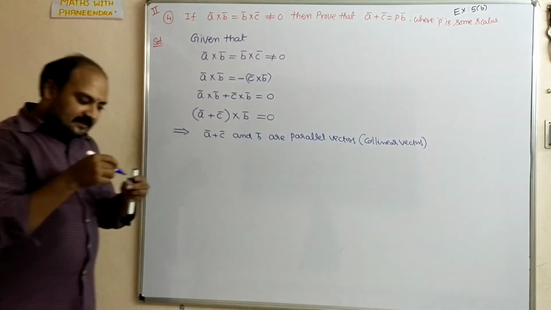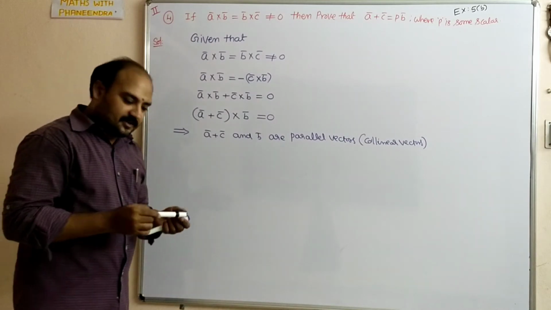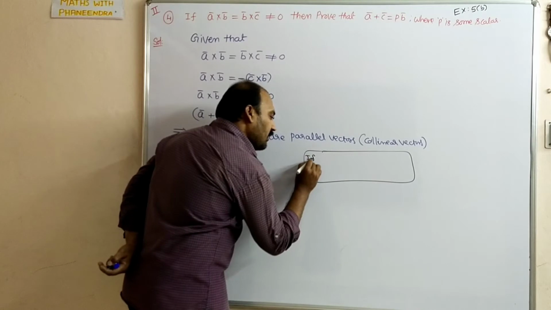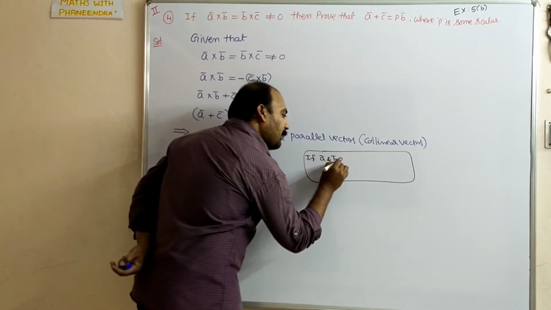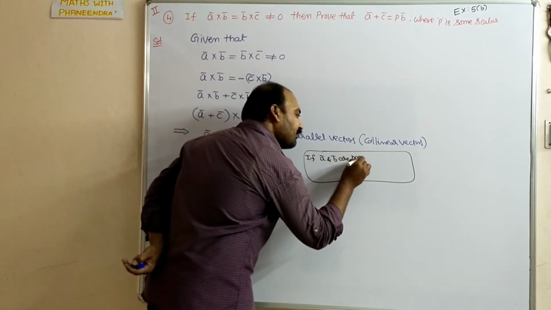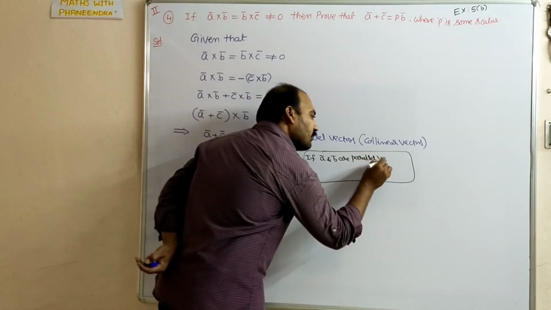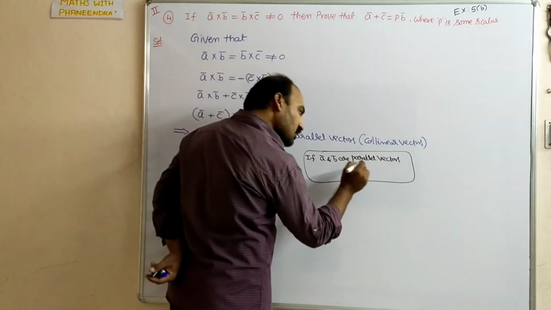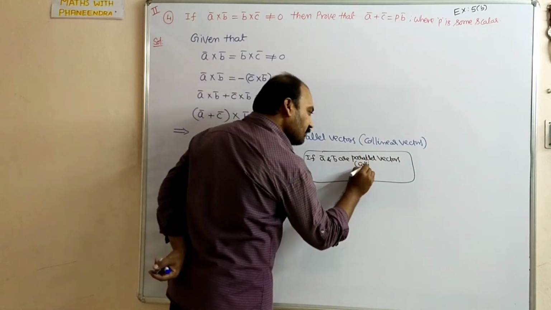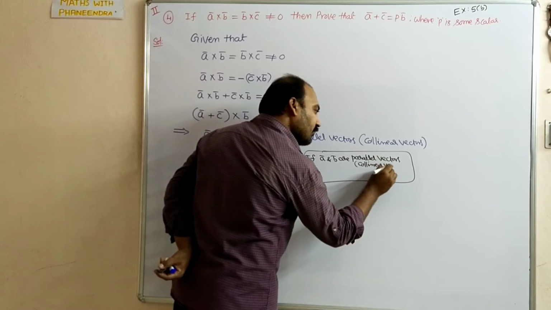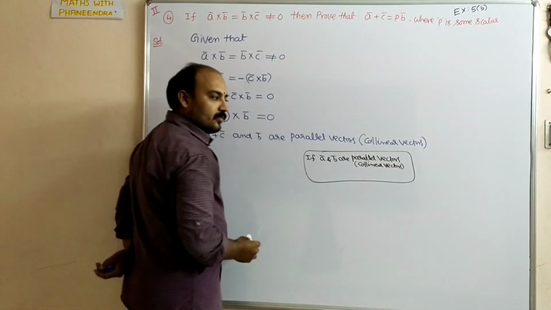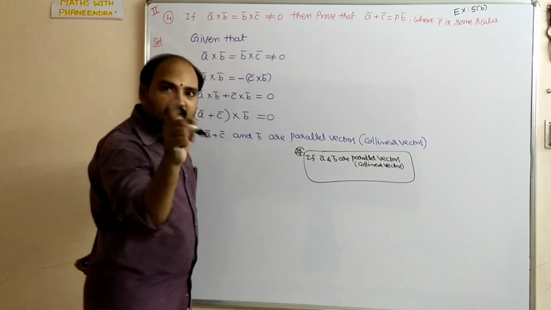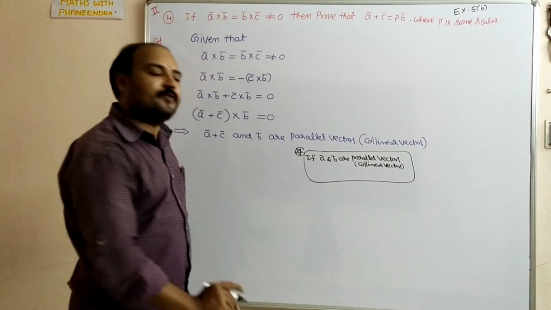In the previous discussions, in the concepts, we learned that if A bar and B bar are parallel vectors or collinear vectors, one vector can be represented as a scalar multiple of the other vector.